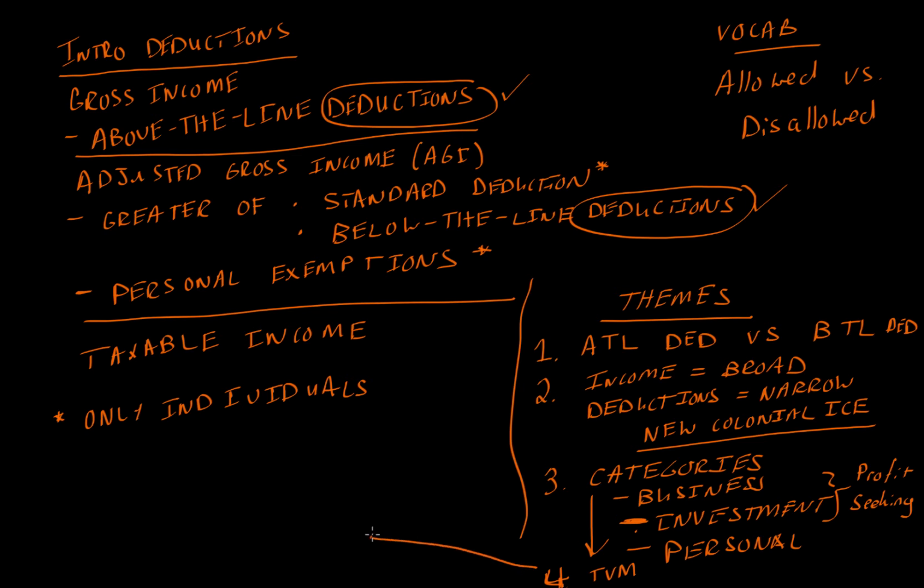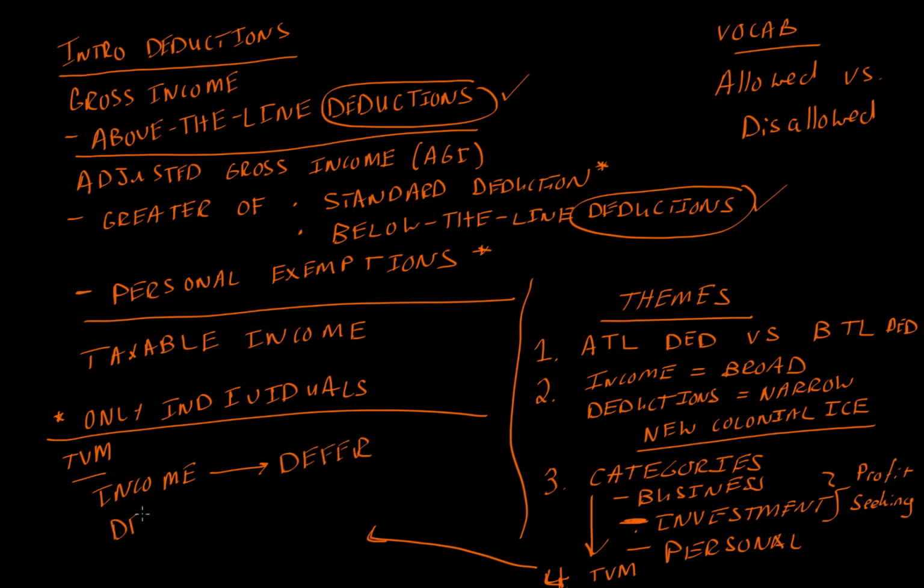So with respect to time value of money, with income, taxpayers want to defer income, and with respect to deductions, taxpayers want to accelerate deductions, because the idea is that $1 today is worth more than $1 in the future.